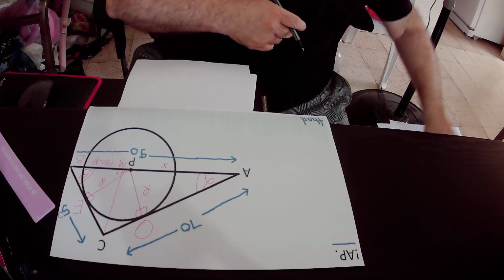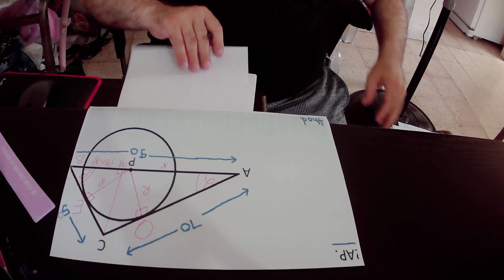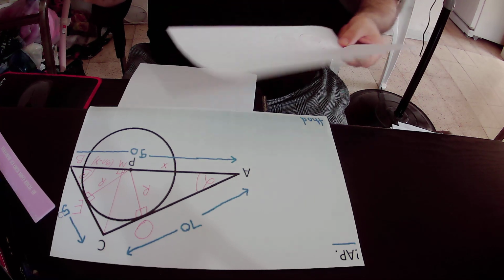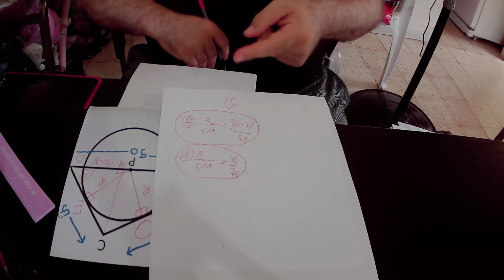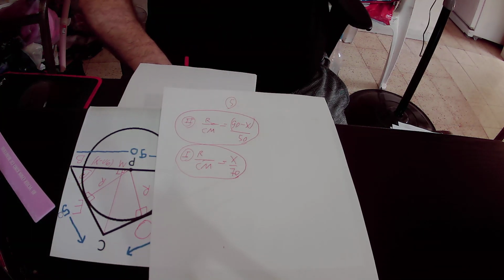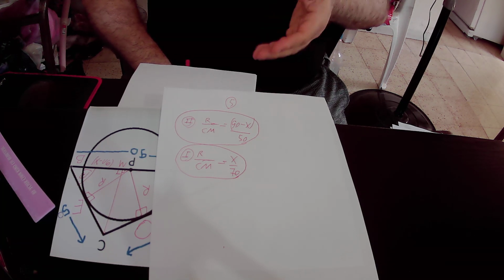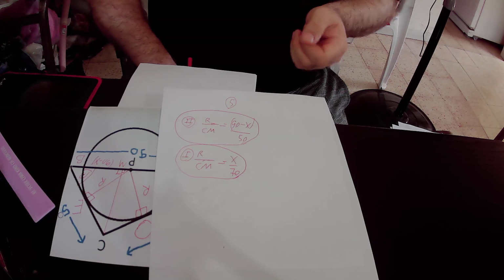So we have two expressions for R over CM. So we'll create the third equation that states that R over CM equals R over CM.